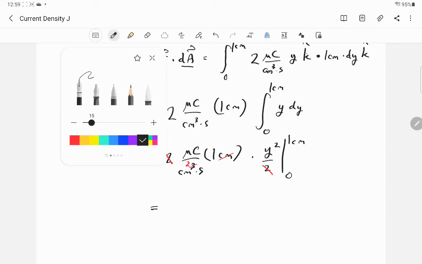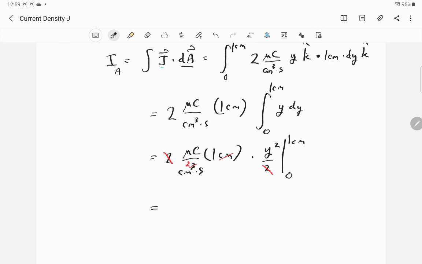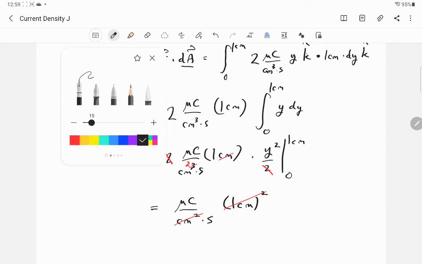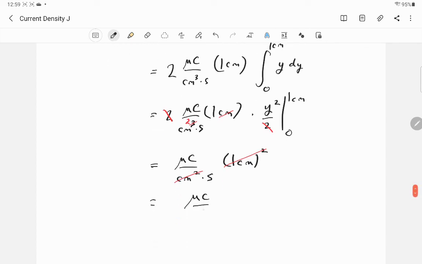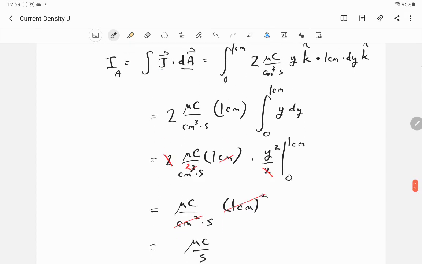And so, a midway step, we're not finished: microcoulombs per centimeter squared, there's the 2, but don't forget the seconds. And then y squared goes to 1 centimeter squared. But I've already canceled the 2. And you can see that those things cancel, and I get microcoulomb per second. And I got I.